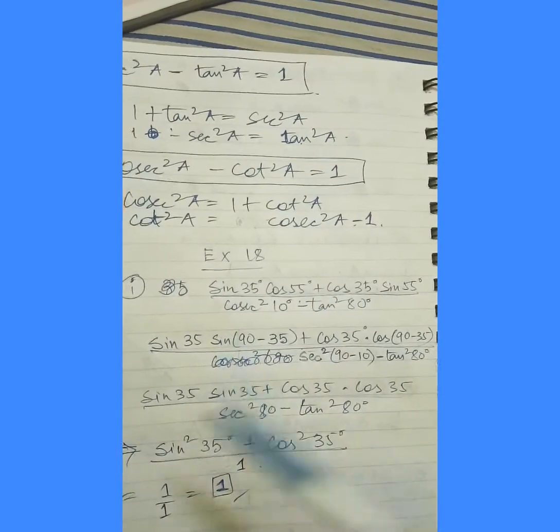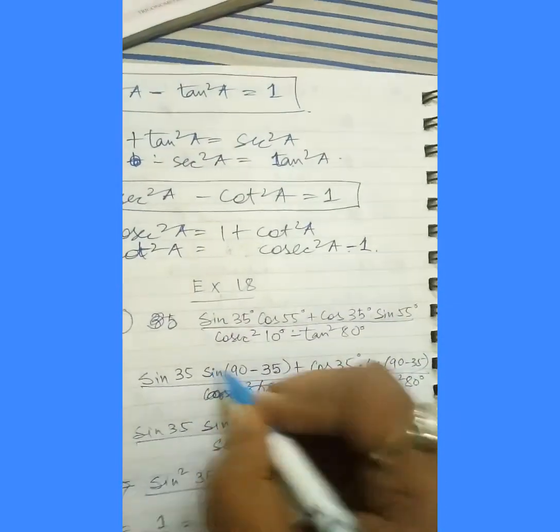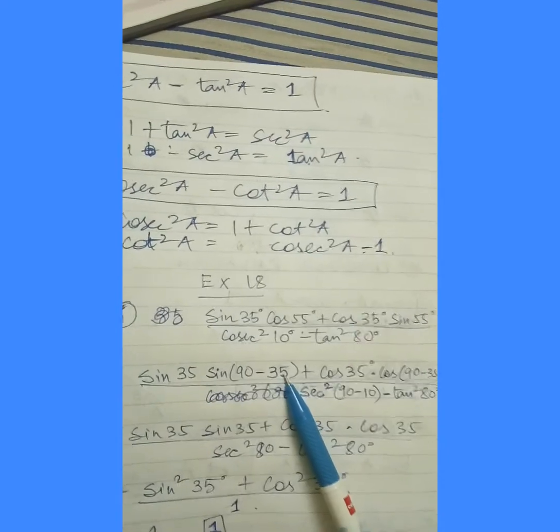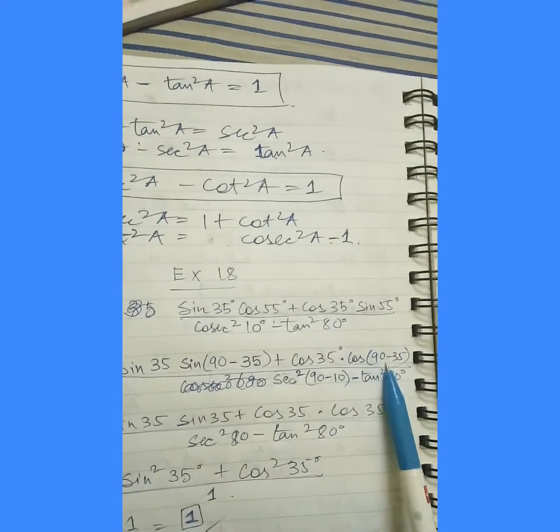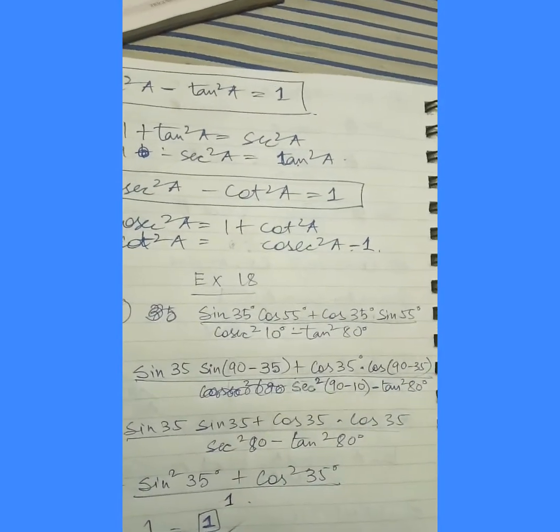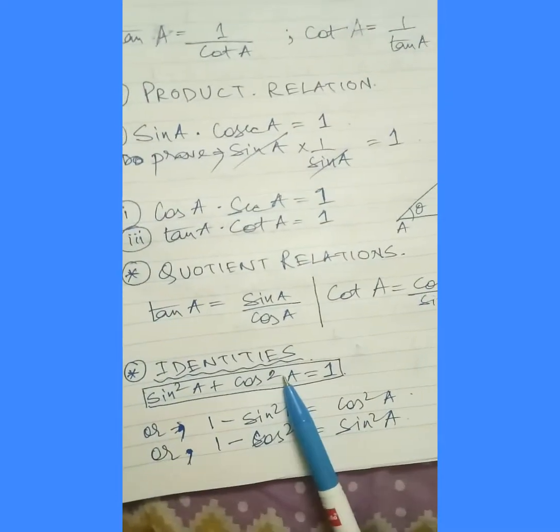Then what I have written is sin (90 minus 35), and here also I have changed this sin into cos. Why? Because we have to make it in the square form, as we have the identity sin² A plus cos² A.